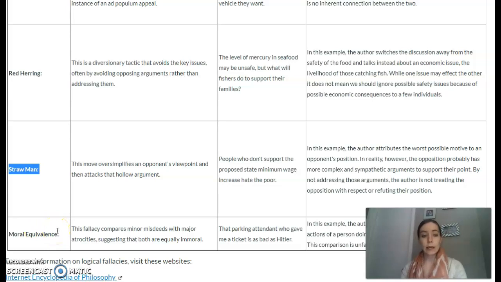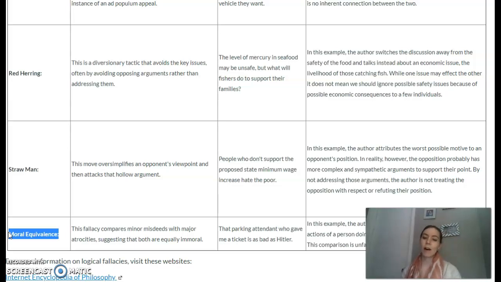Moral equivalence is where you inflate two issues. The most common one is the comparison to Hitler, right? Like, this is as bad as Hitler. That's a moral equivalent, right? So we see that commonly used.